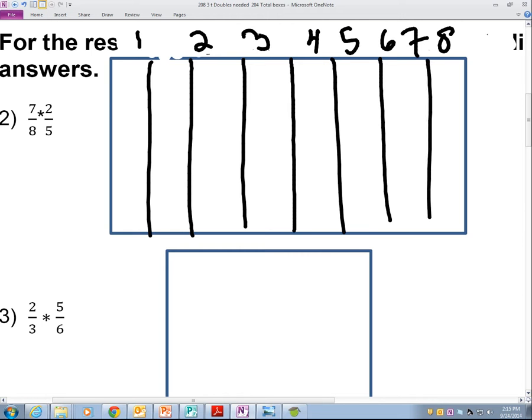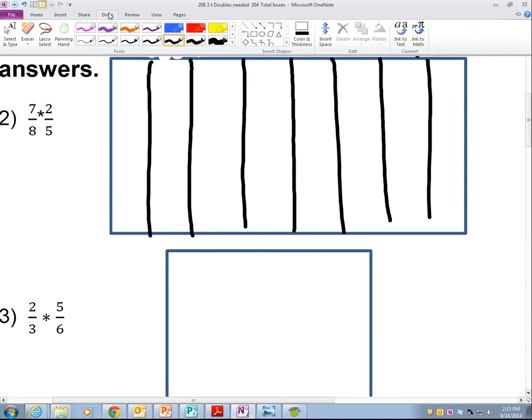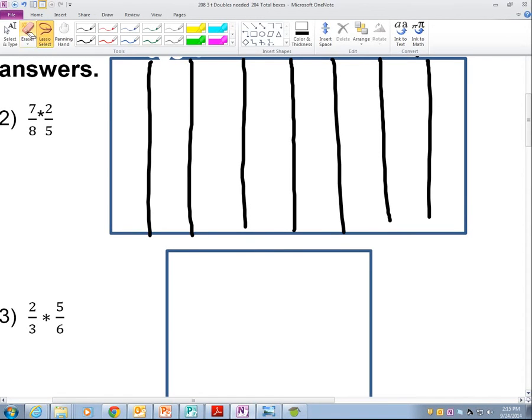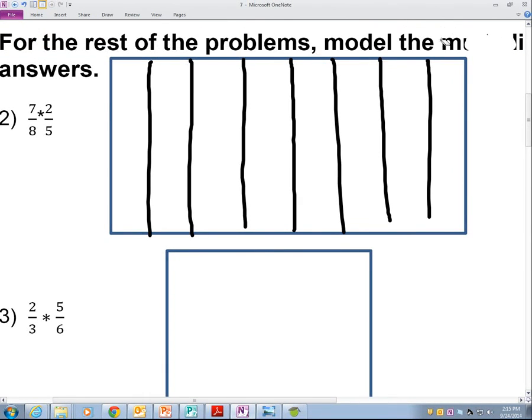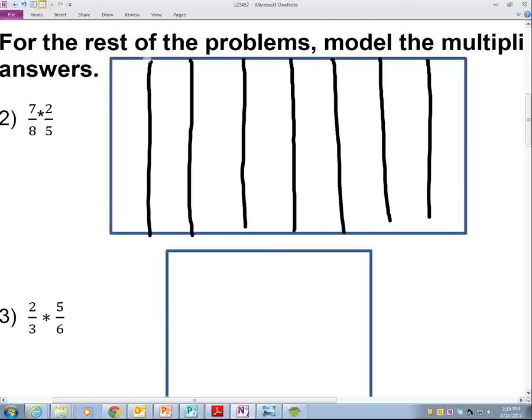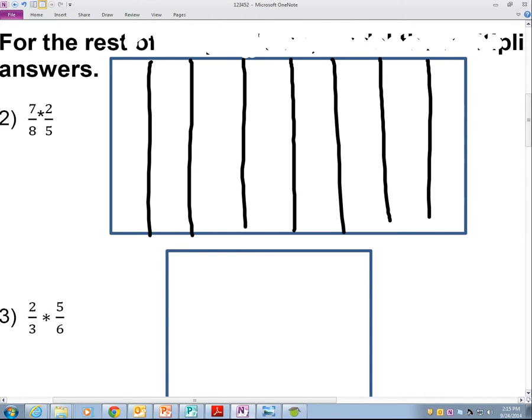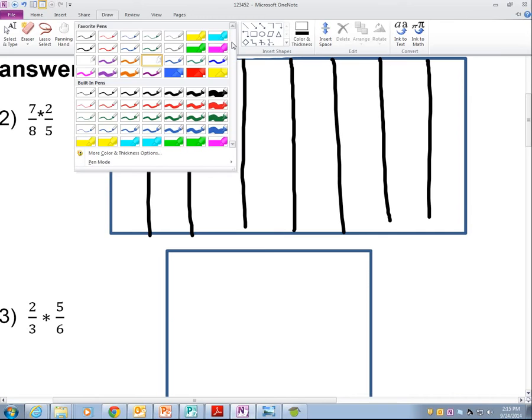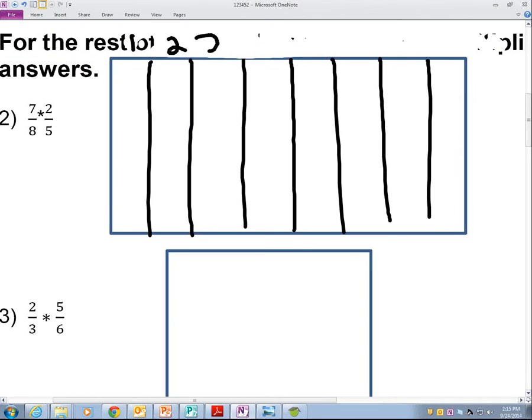My numbers are way off. Let's try that again. Where's my black? There's my black. 1, 2, 3, 4, 5, 6, 7, 8.